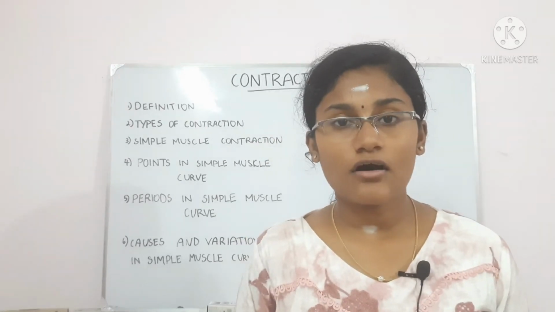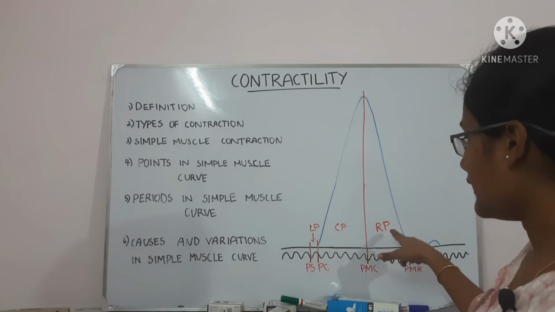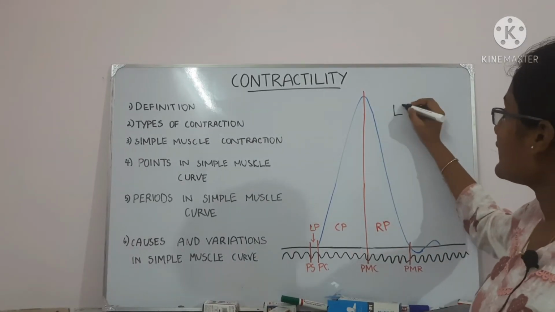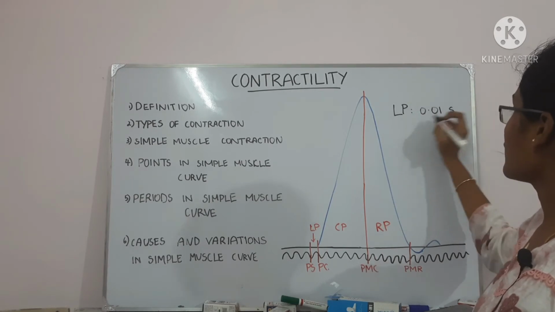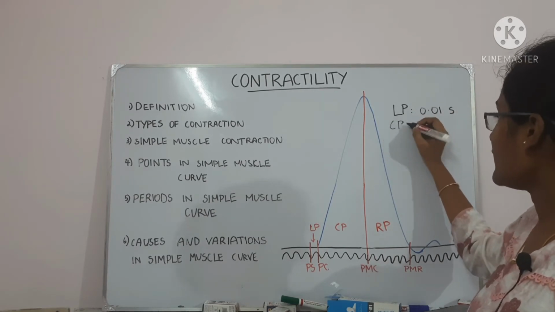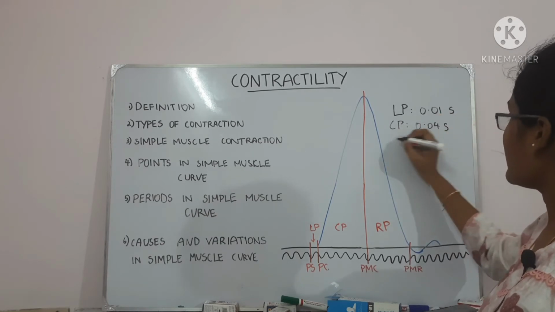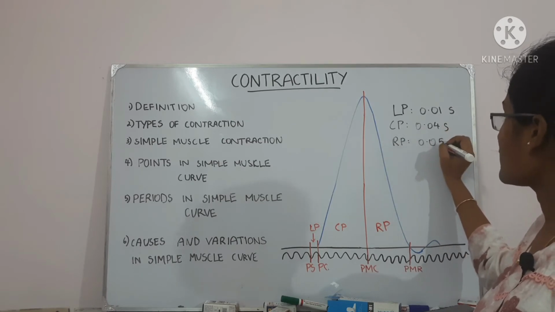So now let's talk about the duration it takes for each of the latent period, contraction period and relaxation period. The latent period takes about 0.01 second, and then the contraction period takes about 0.04 seconds, and the relaxation period takes about 0.05 seconds.